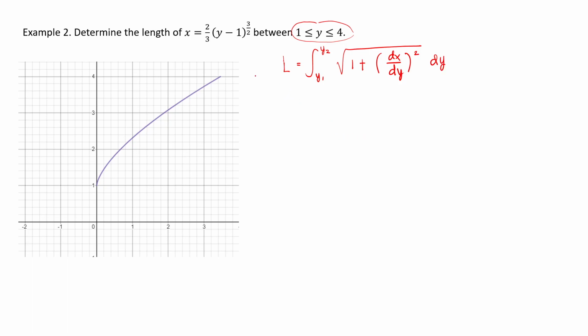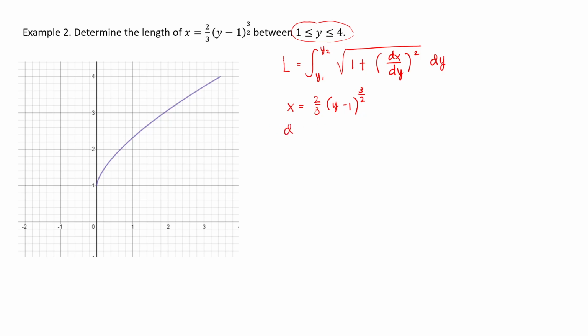So the given curve is x equals 2/3 of y minus 1 to the power of 3/2. So we're going to differentiate this one.